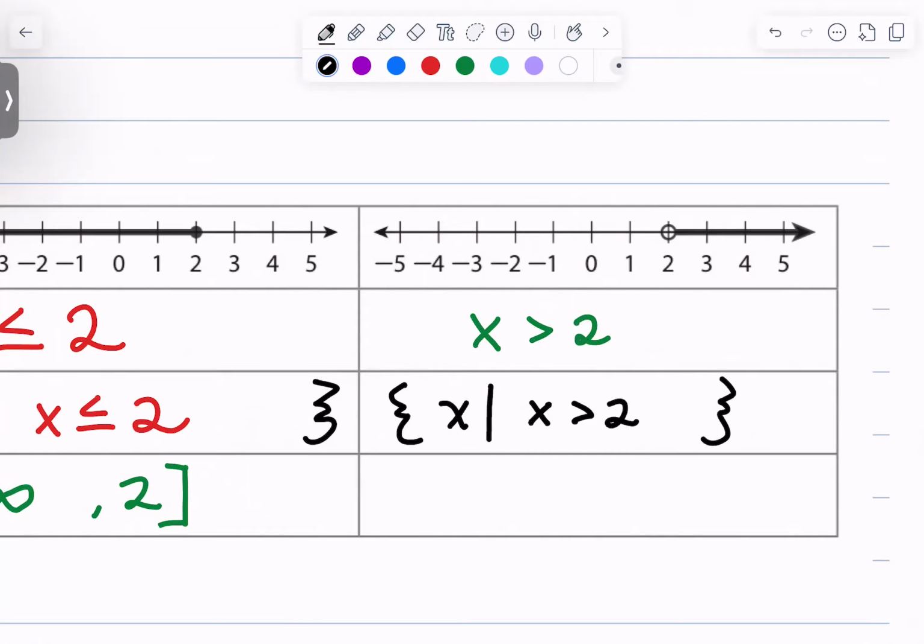My lowest value here is 2, comma, what's my highest value? Infinity. Again, we cannot grasp infinity, can't put a number on it, so we're just going to put parentheses. How about at 2? Parentheses as well, because at 2, it's not included. It's excluded.